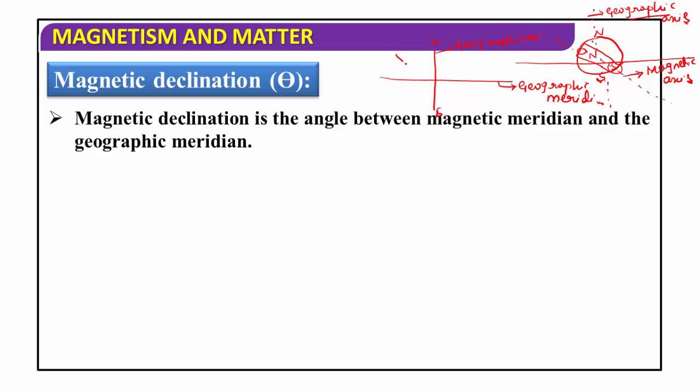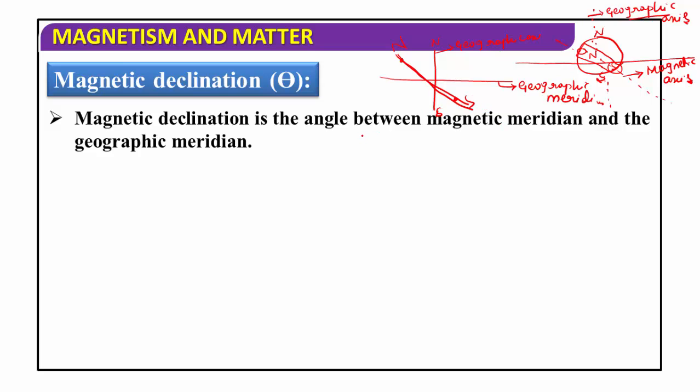And magnetic north pole to magnetic south pole. We place a magnet here, this is the north pole and south pole. A straight line passing through the magnetic north pole to the magnetic south pole is called the magnetic axis.